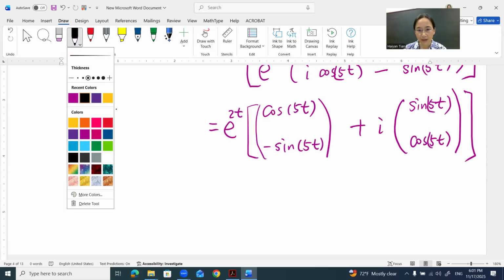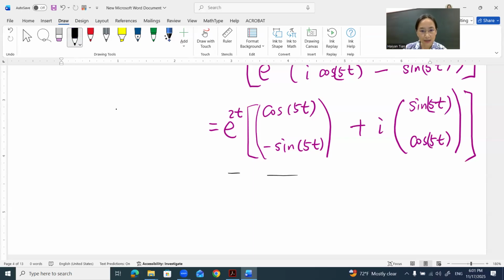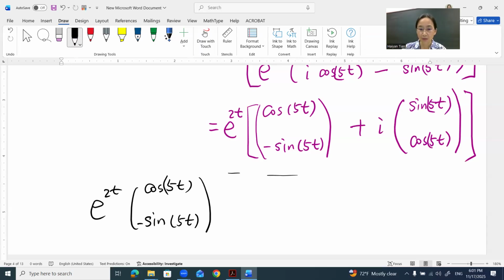So let's write out the real part of this complex valued solution. I just copy it so you can see clearly. Yeah, so this is the real part. And the imaginary part of this complex valued solution is, I'm going to copy this times this, right?